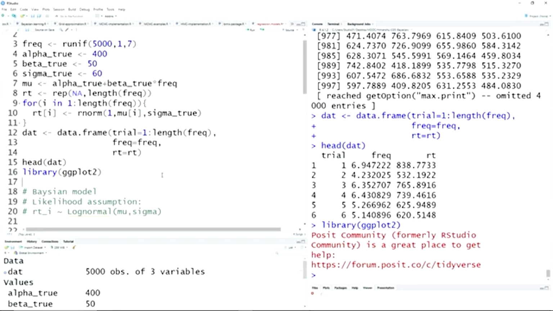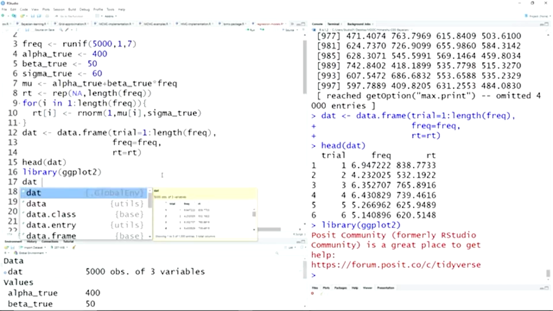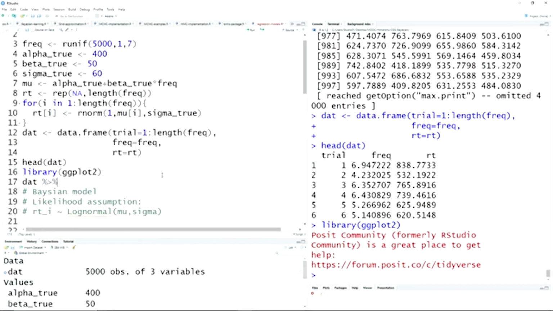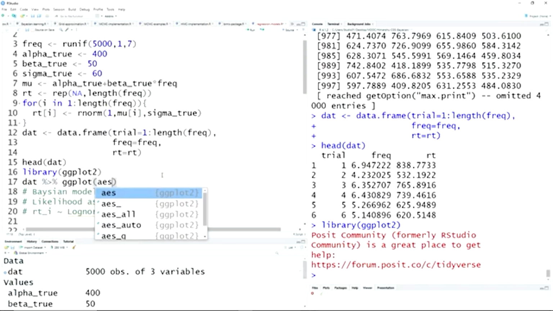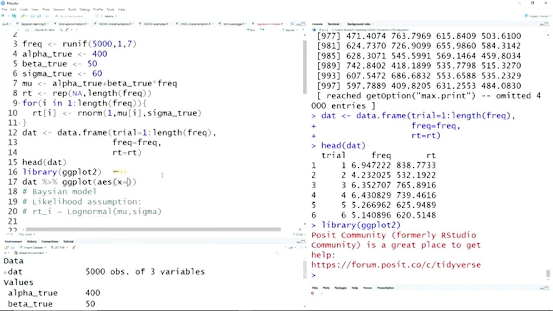So how do I draw a scatter plot? This is my data, ggplot, aesthetic, x equals frequency, y equals RT.